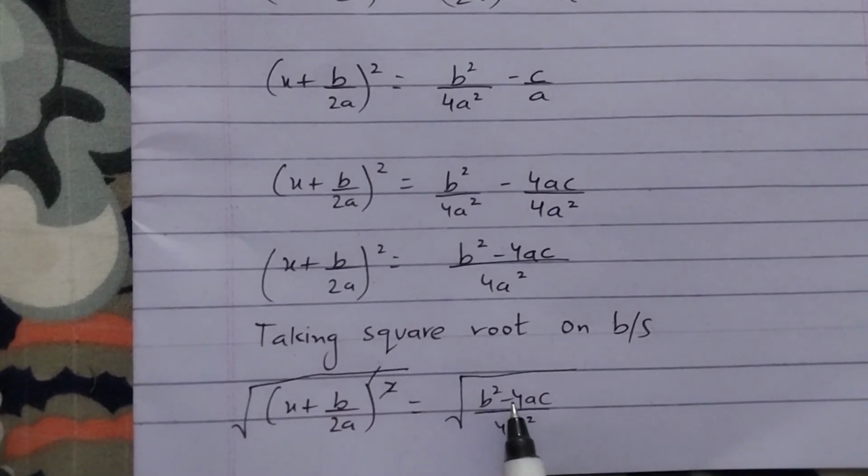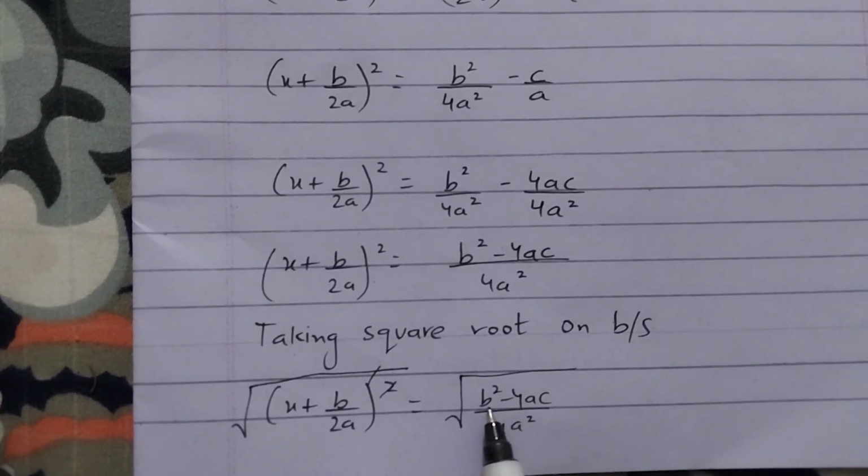Now this numerator is not a perfect square. B squared minus 4ac: b squared is a perfect square but 4ac is not, so this will remain under the radical sign. The denominator is indeed a perfect square: 4 is a perfect square and a squared is a perfect square.